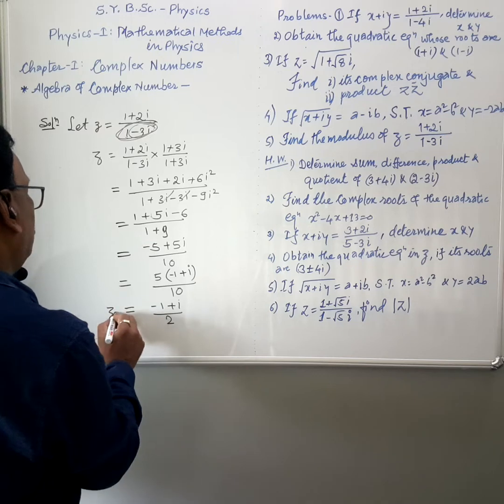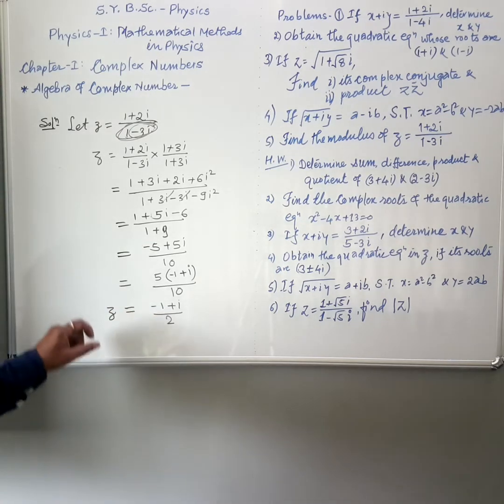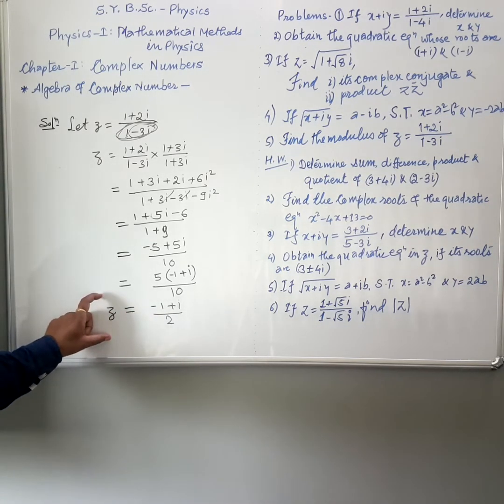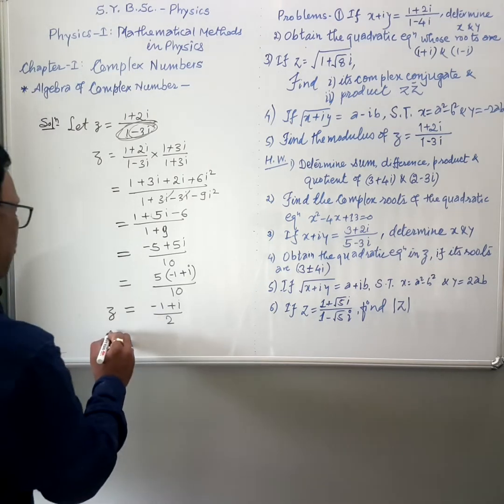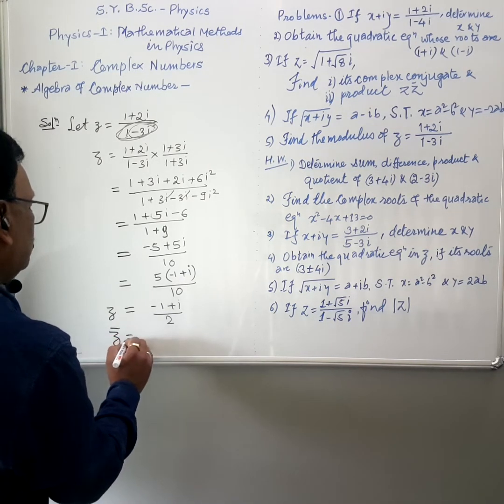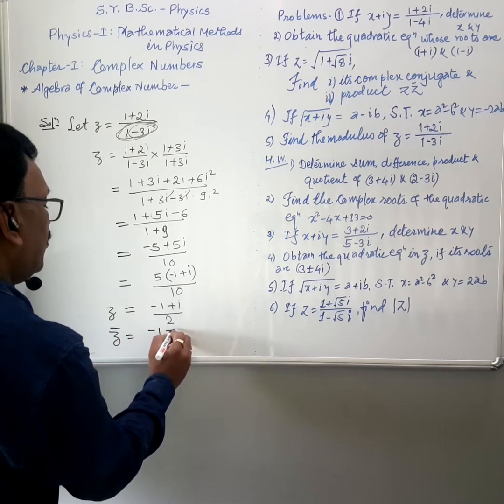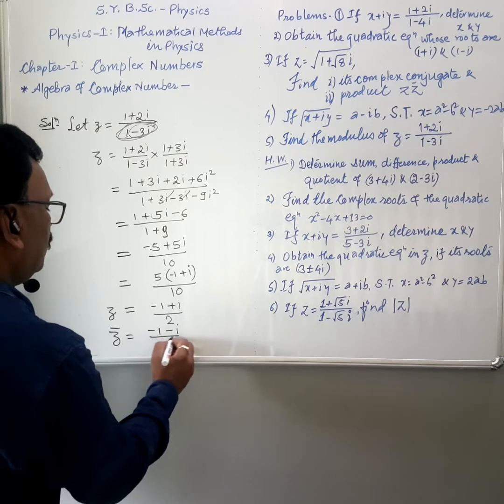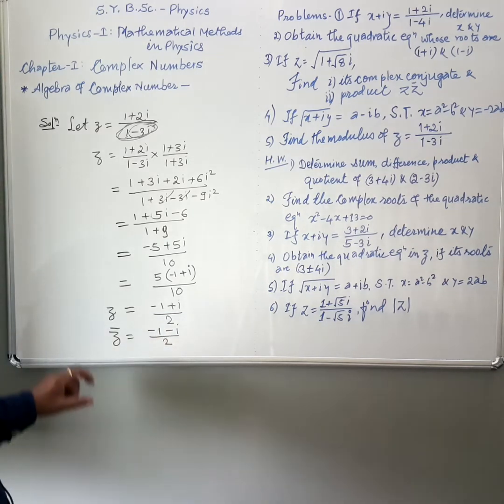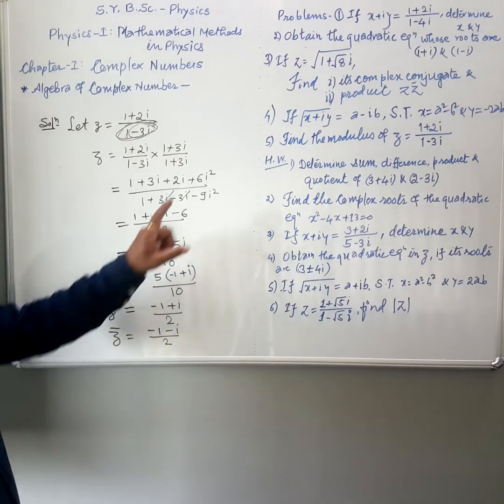This is the value of z. Okay. Then the complex conjugate of this z, that is z bar, is equal to minus 1 minus i upon 2. Okay. Then modulus.